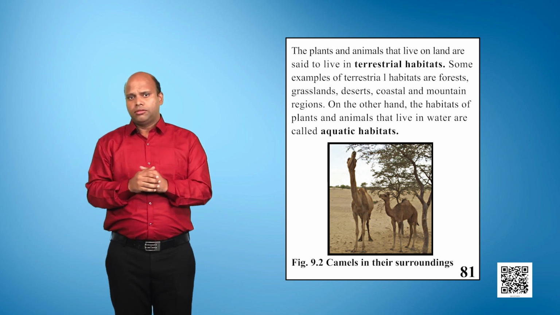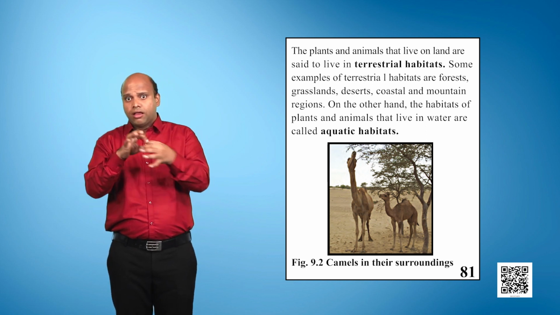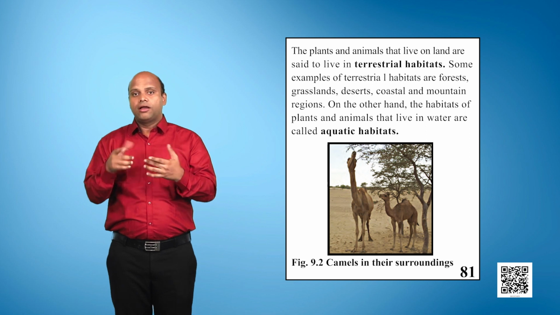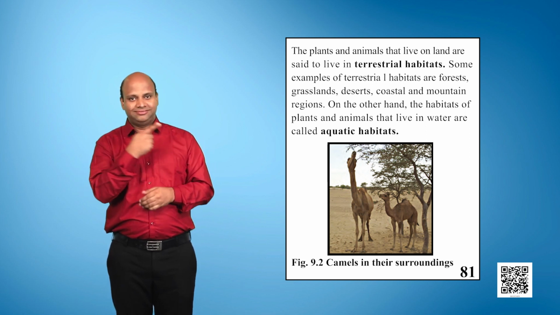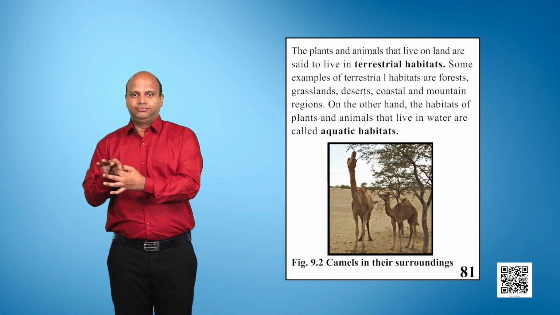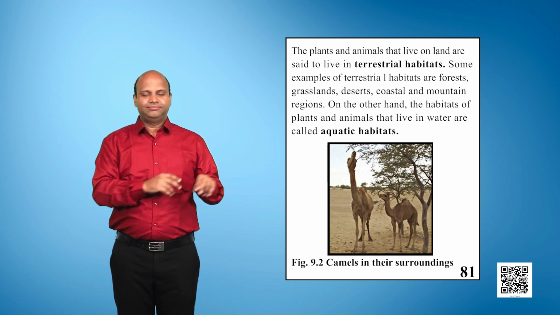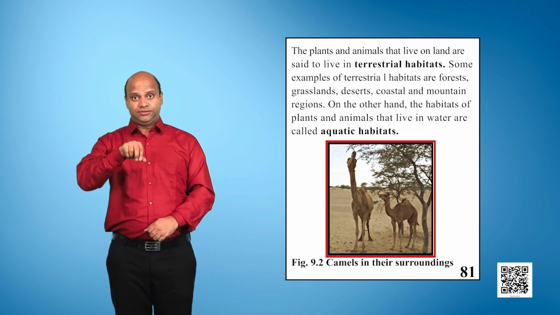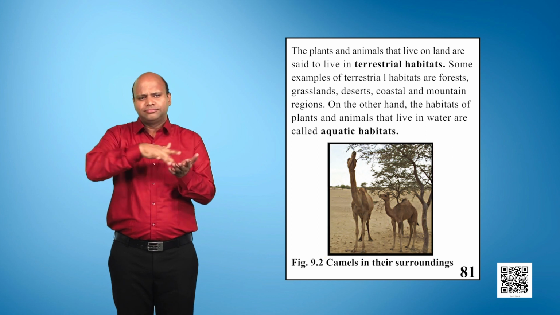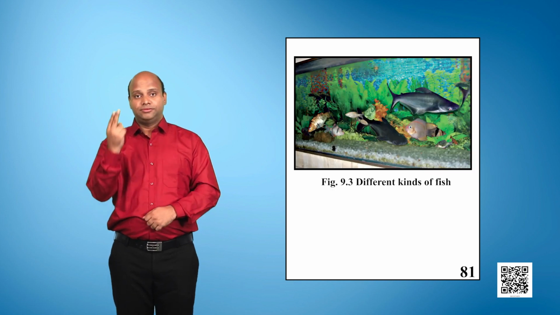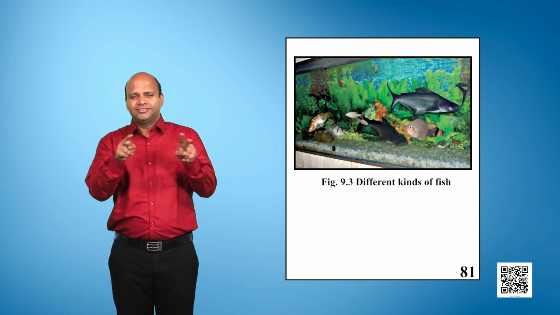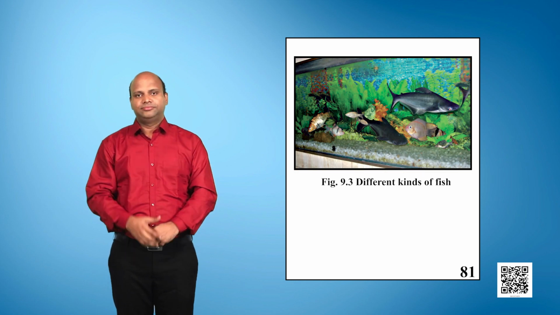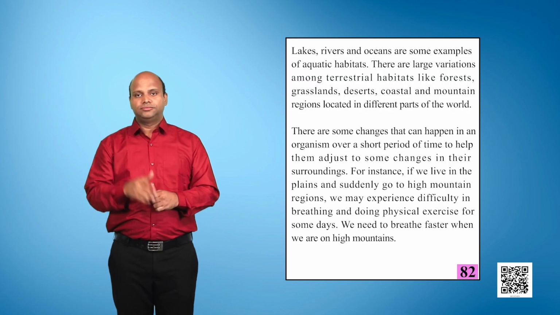Habitats of plants and animals that live in water are called aquatic habitats. Figure 9.2 shows camels in their surroundings. Figure 9.3 shows different kinds of fish. Page 82.